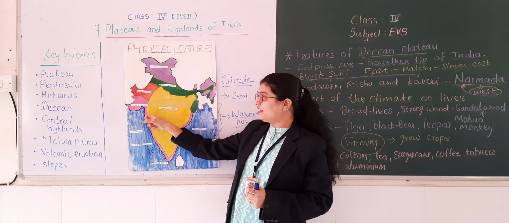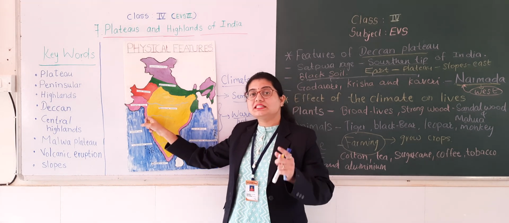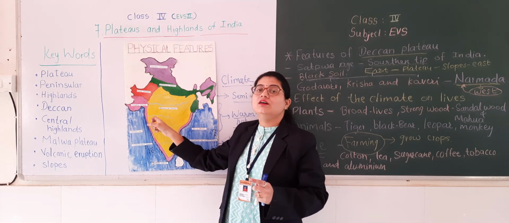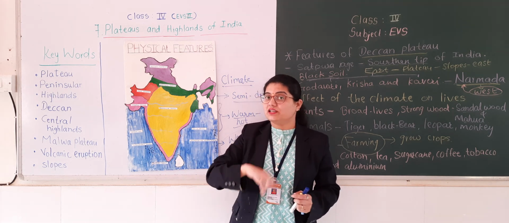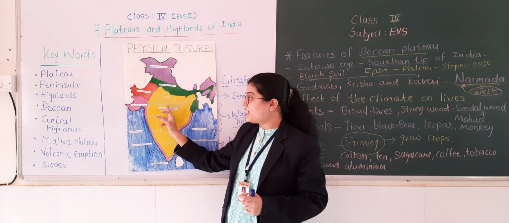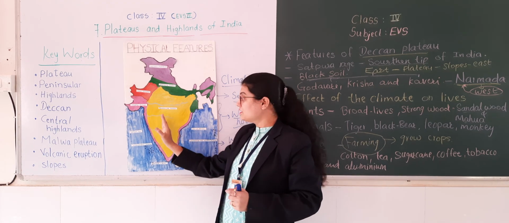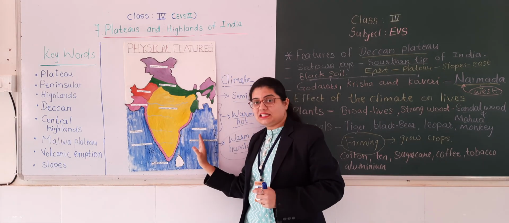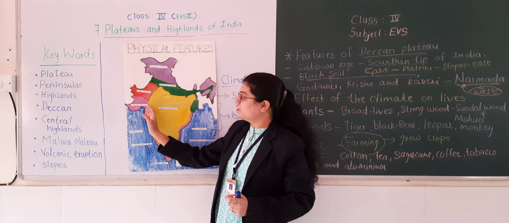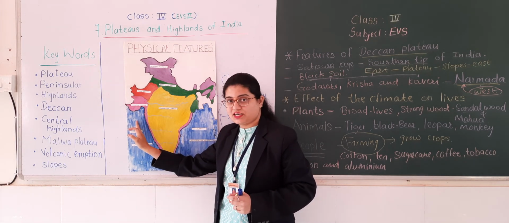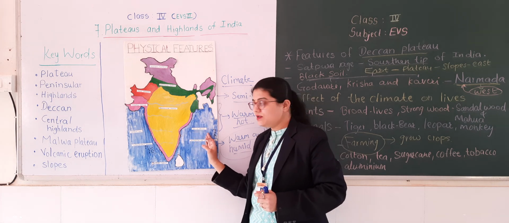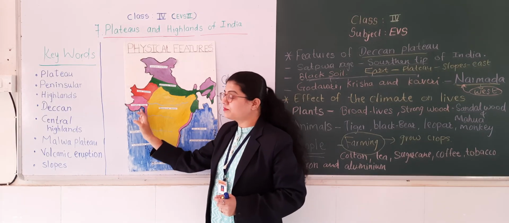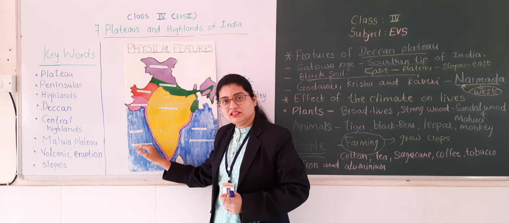The main rivers which flow here are Godavari, Krishna and Kaveri. These three rivers flow toward the east and meet the Bay of Bengal, and the Narmada river flows toward the west and meets the Arabian Sea.